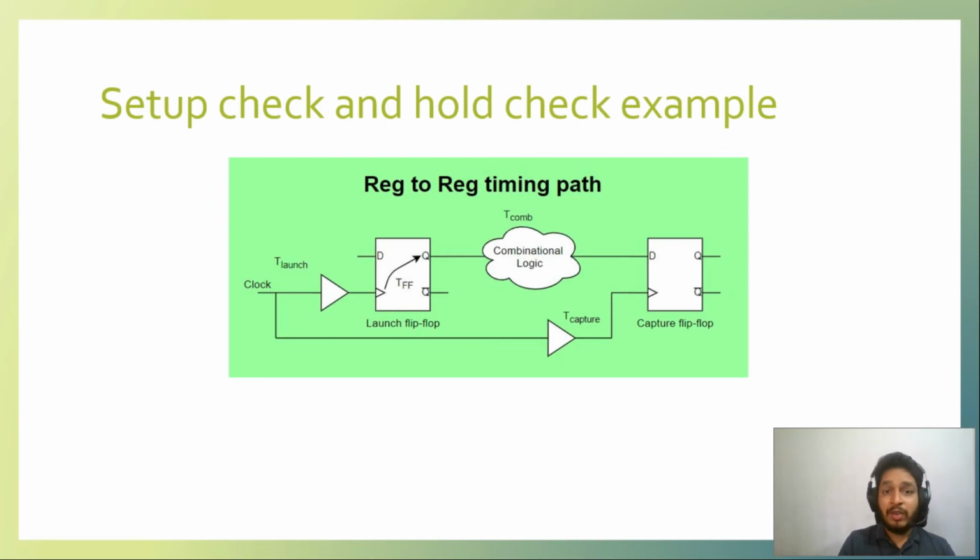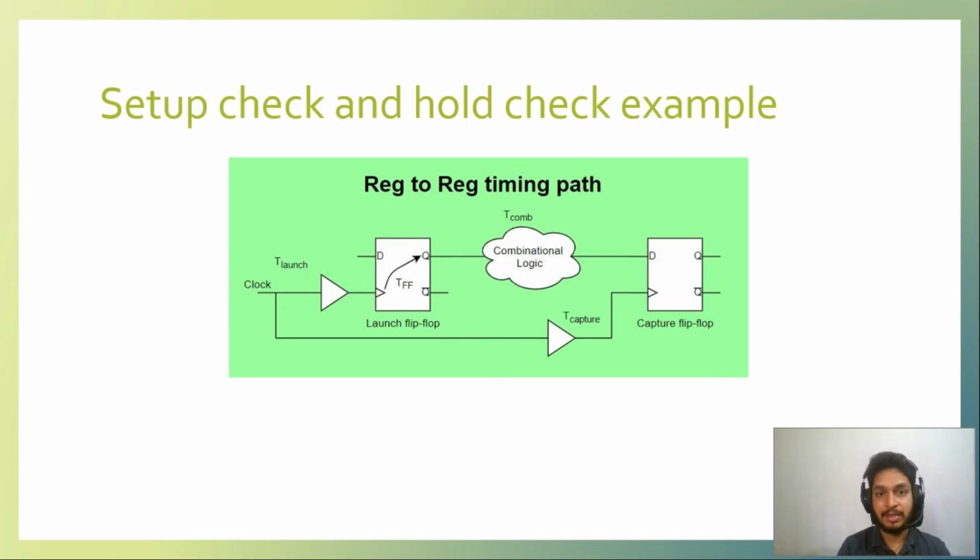So if I have to give an example of the situation of setup and hold check, till now what we have discussed is setup and hold time and their definitions, and those are the requirements that we have. Now what I'm discussing is the setup and hold check. How do we ensure these setup and hold checks are met in the design, in the digital circuit timing? So consider a reg to reg path.